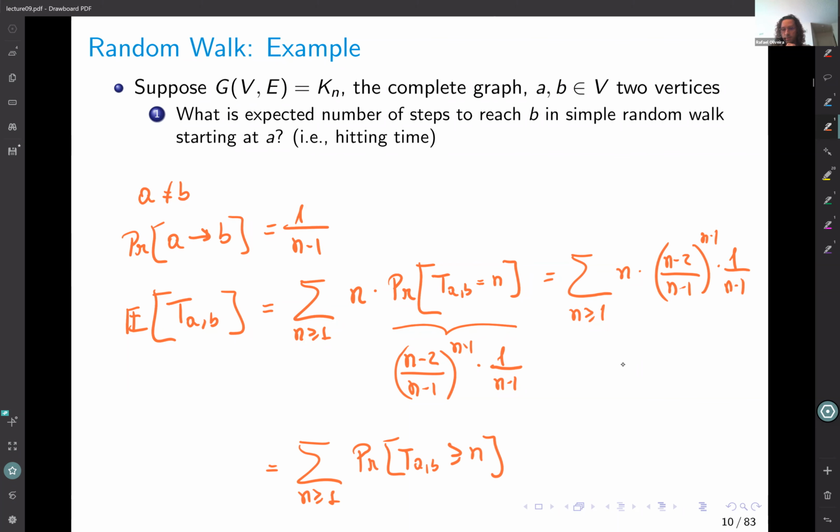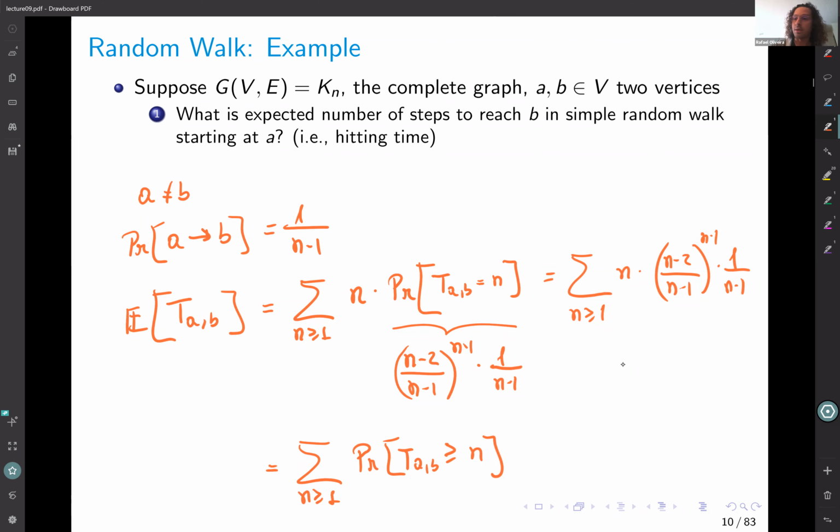Right? Or, sorry, I think we want to say greater than or equal to n. Because what is the probability that T_AB is greater or equal to n?